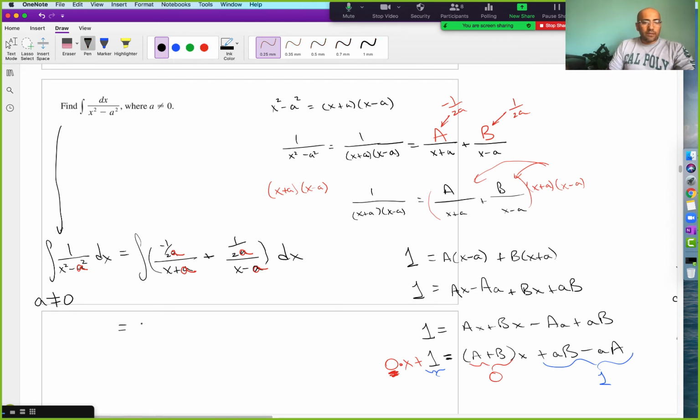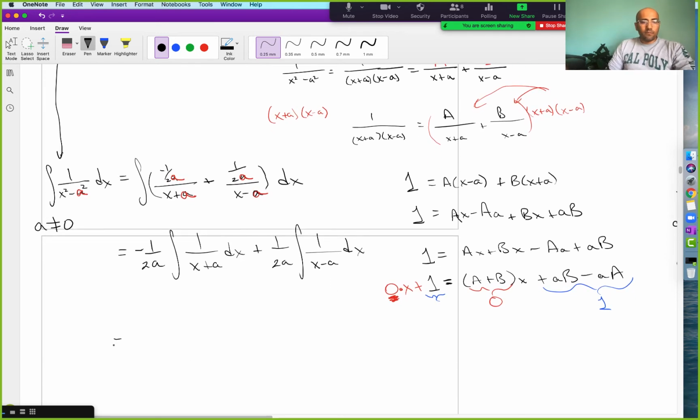So I'm going to rewrite this as negative 1 over 2a out there, integral of 1 over x plus a dx, plus 1 over 2a integral of 1 over x minus a dx.